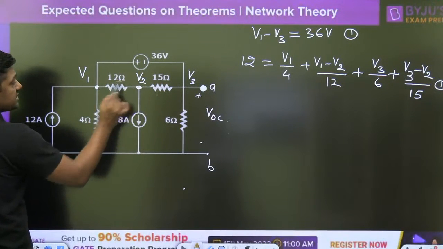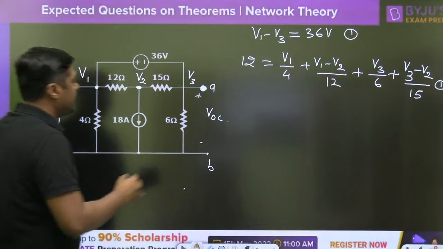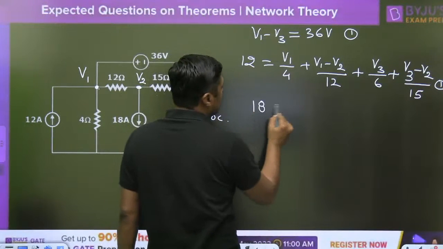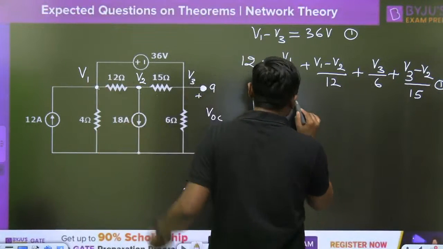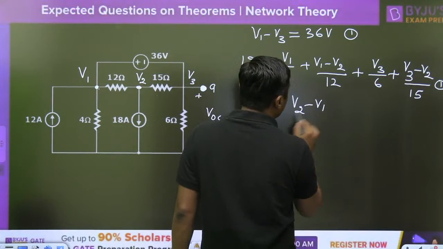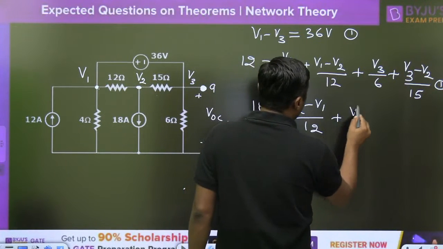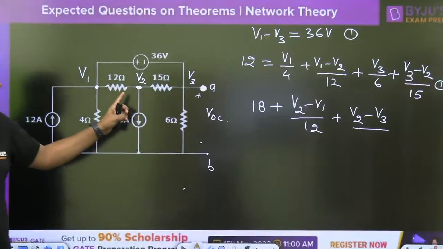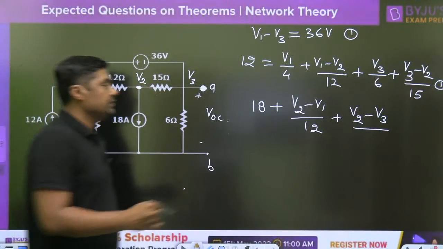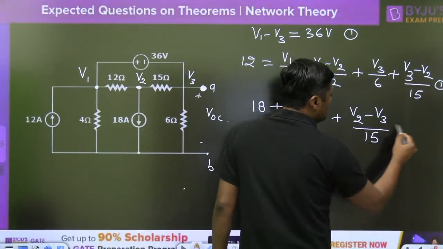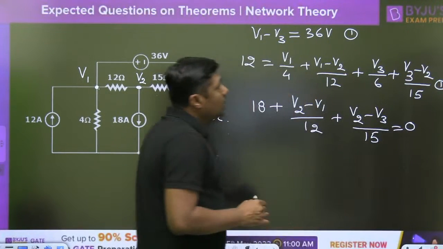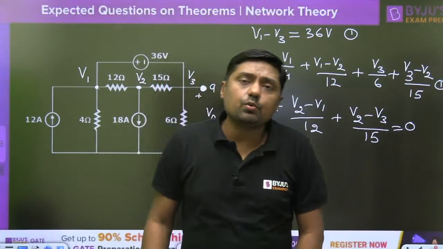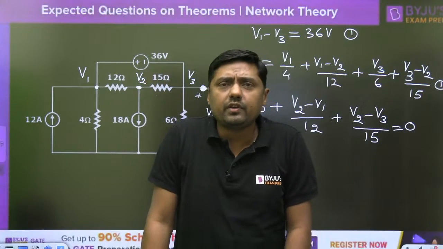Now you can write the KCL at this point. The outgoing current: 18 plus V2 minus V1 by 12, plus V2 minus V3 by 15, is equal to 0. Now we have three equations and three unknowns. This numerical is very easy to solve.